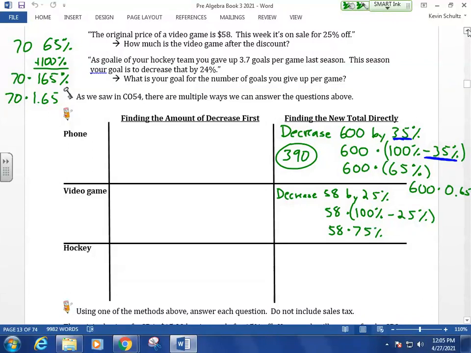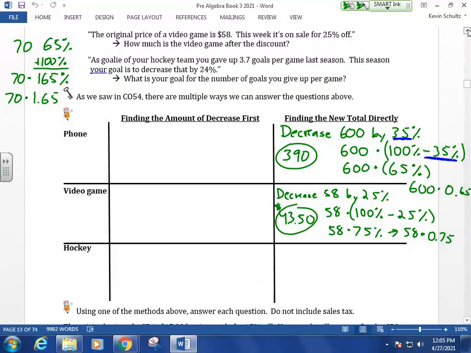So 58 times 75%, or 58 times 0.75, and that ends up equaling $43.50, which is our answer.